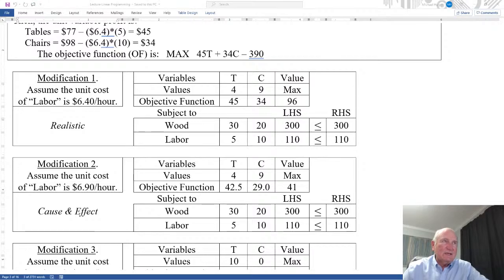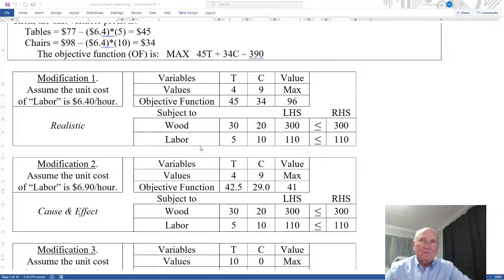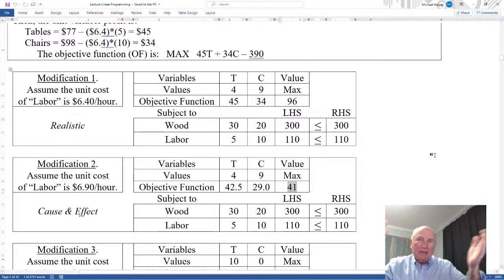Well, what you're going to see is the profitability is going to drop by $55. So you think, well, if I increase the labor cost, I'm going to have lower profitability. You know that, but this says, well, how much lower? Good question. Well, if this goes 50 cents, then this drops by $55.